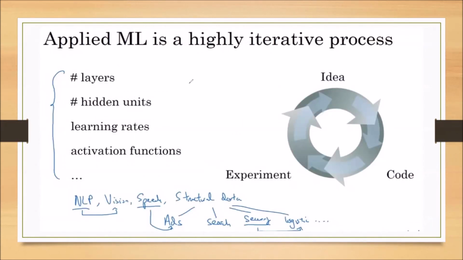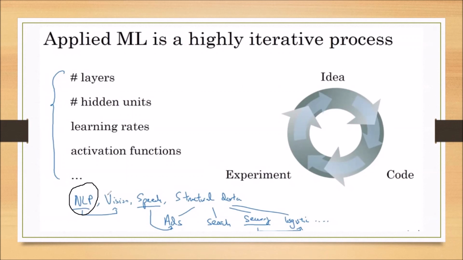Where are we using deep learning and applied machine learning nowadays? These deep neural networks we are using in natural language processing, whenever you want to change some text from one language to another language, like you see in Google Translator.